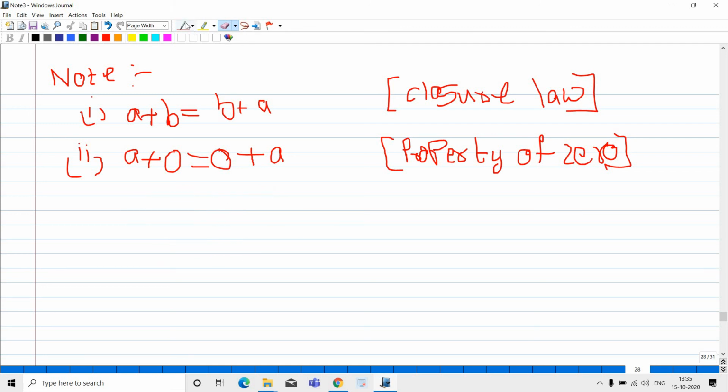And I am going to write the third law. These are the three basic laws in this.